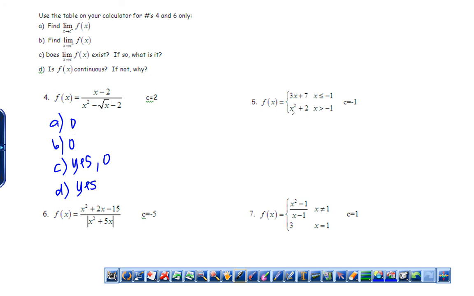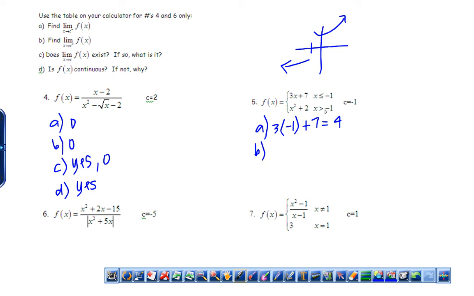Okay, on number 5, I'm actually not going to use my calculator on this one. Because this is a piecewise function, this linear function is going to go to the left, and this parabola is going to go to the right, whatever this function looks like. So all I need to do is plug this -1 in. So this is 3 times -1 plus 7, and that should be equal to 4.